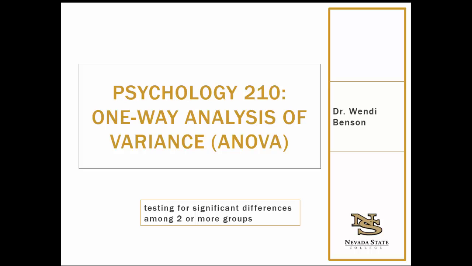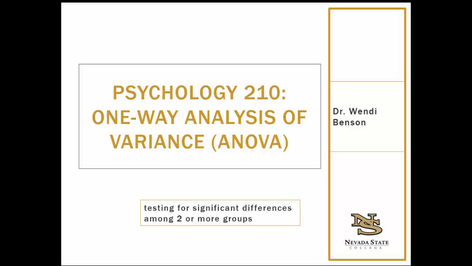So for example, let's say we want to compare benevolent sexism perceptions across different sexual orientations. So we have a single factor, sexual orientation. That's our single independent variable. It's actually a quasi-independent variable because we can't manipulate sexual orientation. They come to us that way. So we have one factor, sexual orientation, and our dependent variable is benevolent sexism perceptions.